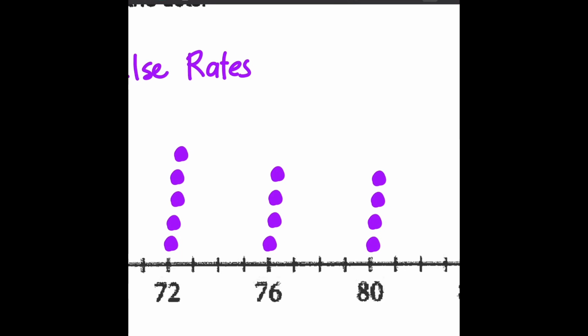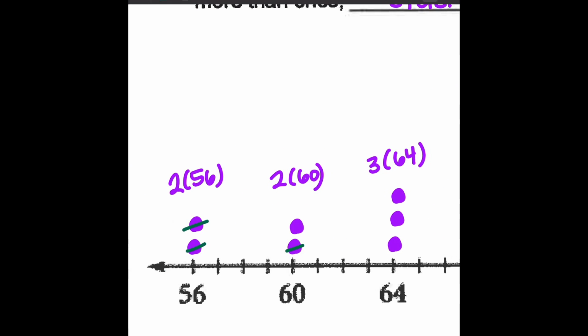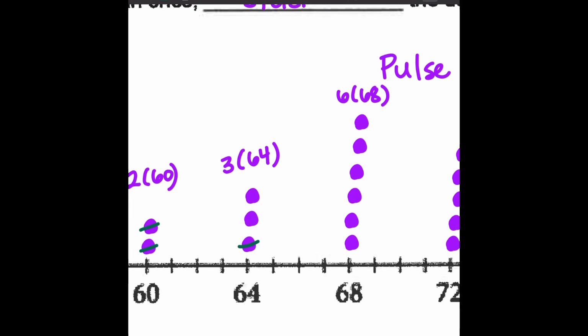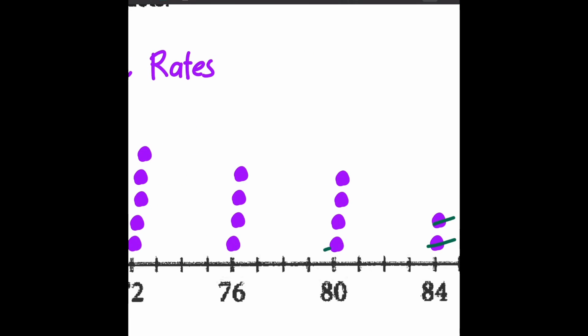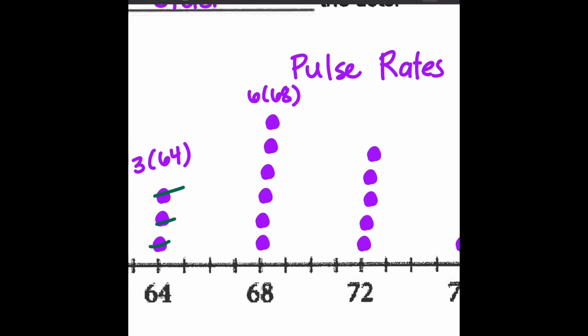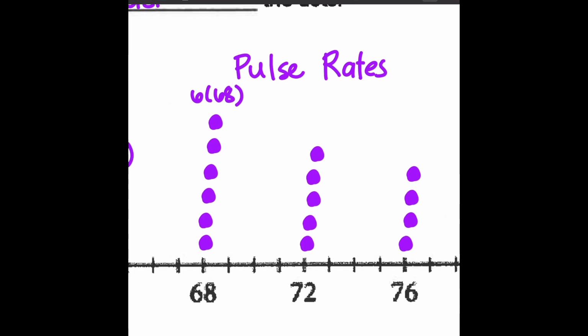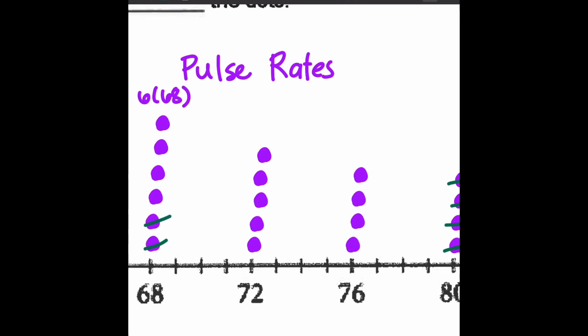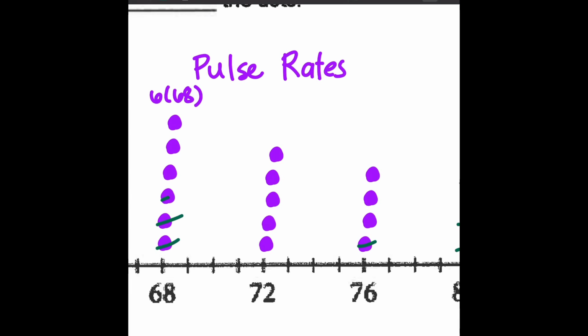Now I'm going to mark off that 60 and this 84, this 60, and this 84, 64 and 80, 64 and 80, 64 and 80, 68 and 80, 68 and 76, and so on, until I'm left with 2 data points in the middle that are both 72.